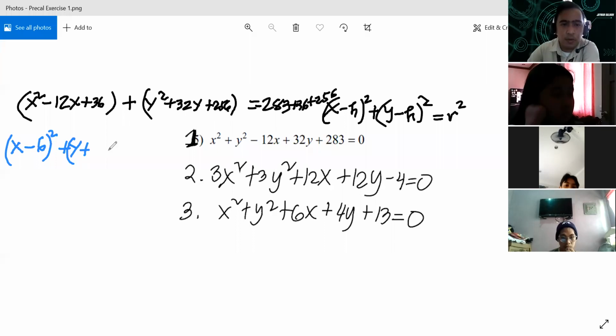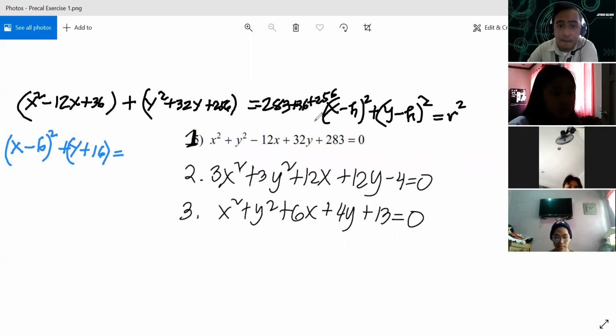The square root of this is 16, right? And if you combine this, 256 plus 36 is 292. 292 positive. This is negative 283.